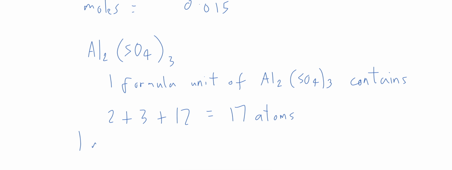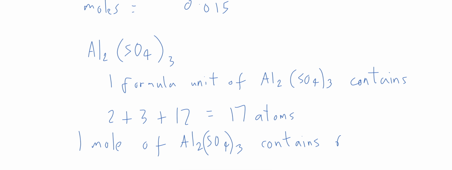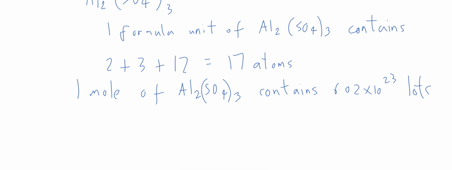If we had 1 mole of Al2(SO4)3, that contains 6.02 times 10 to the 23 lots of this.